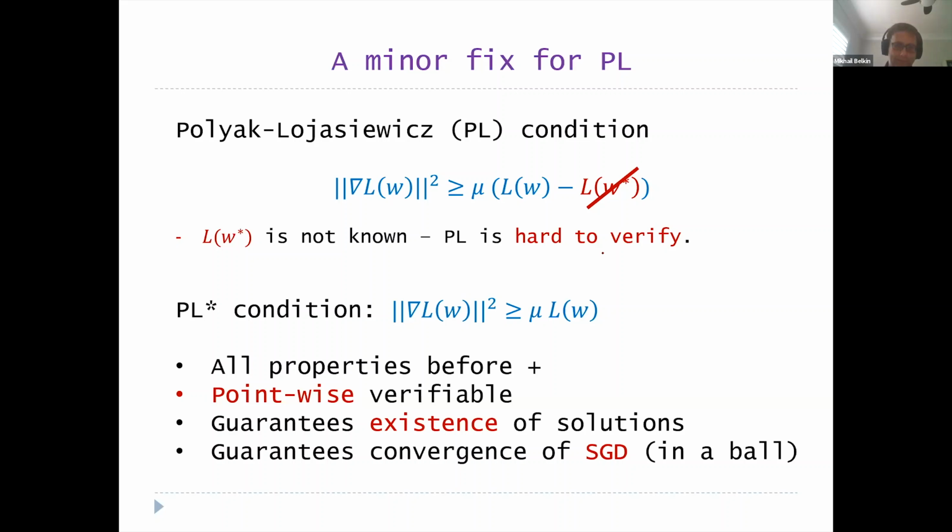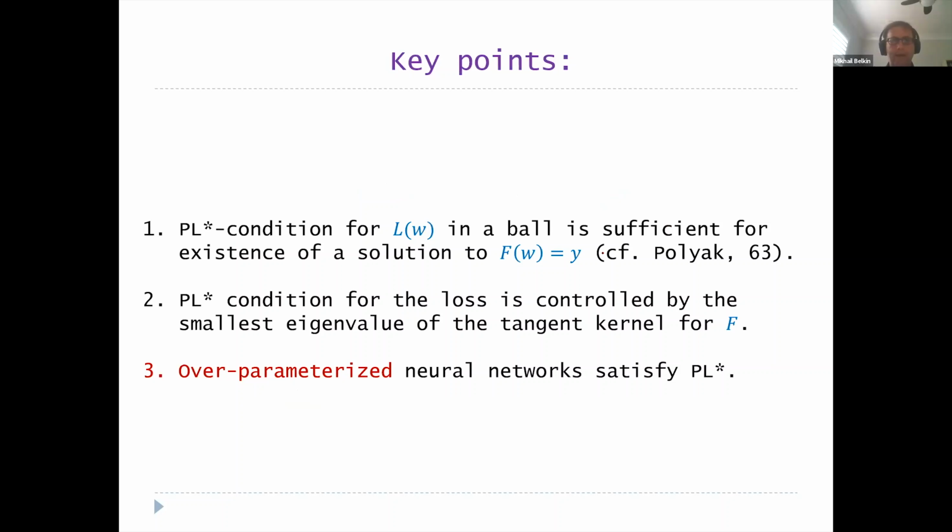Okay, so now this PL star condition, what good is this? We need to somehow get back to deep networks and over-parameterized systems and so on. And here is the logic of this. First, the PL star condition for L of W in a ball guarantees the existence of a solution.